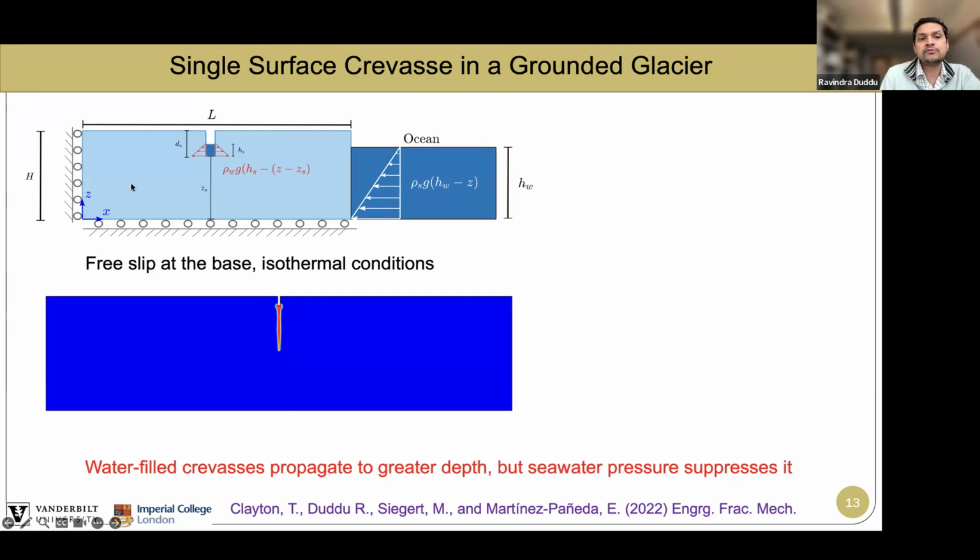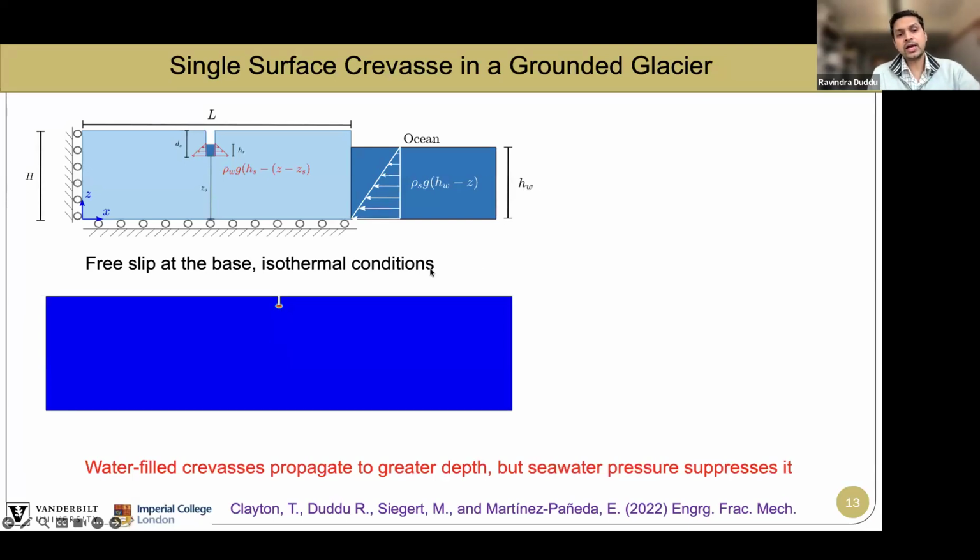And what we see is that for simple cases where you have a rectangular glacier, you have one crack that is filled with water to a certain height, HS, but the crack depth is ds, and you have an ocean water pressure because it's an ocean-terminating, or marine-terminating, glacier. Then you have HW.